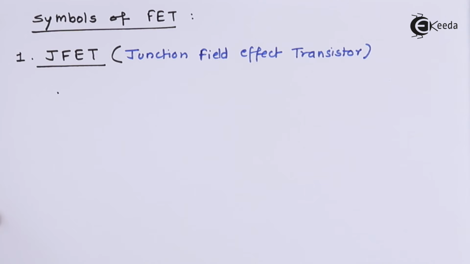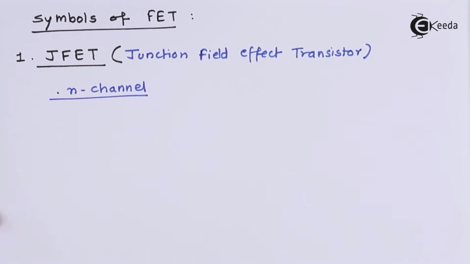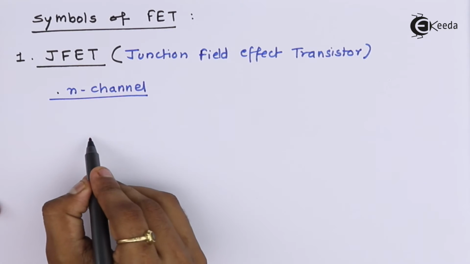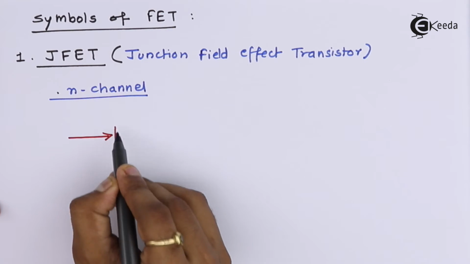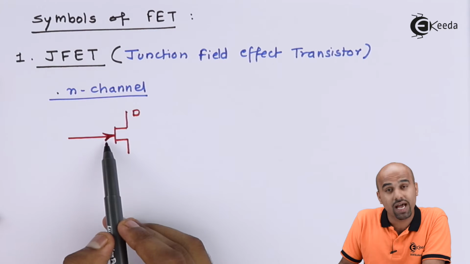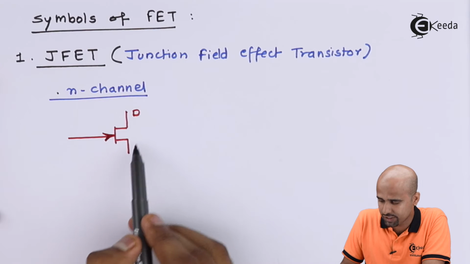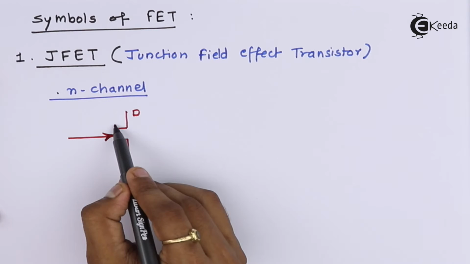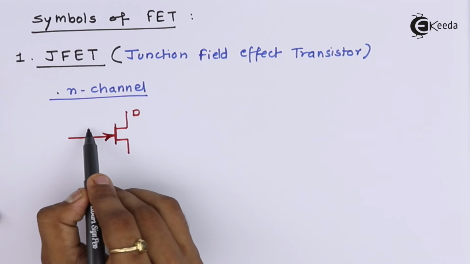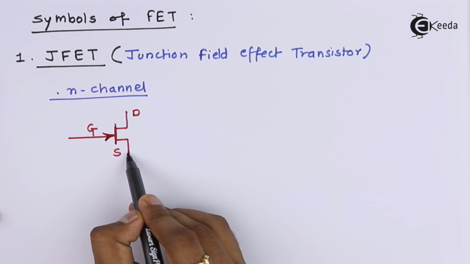For N channel, we have this symbol. This arrow indicates the direction of current. We have three terminals for JFET, namely drain, gate, and source.